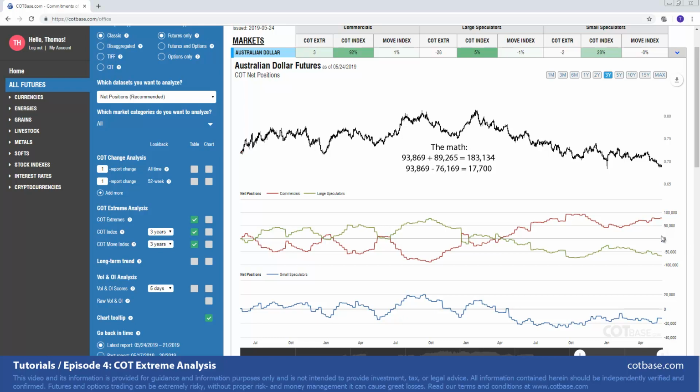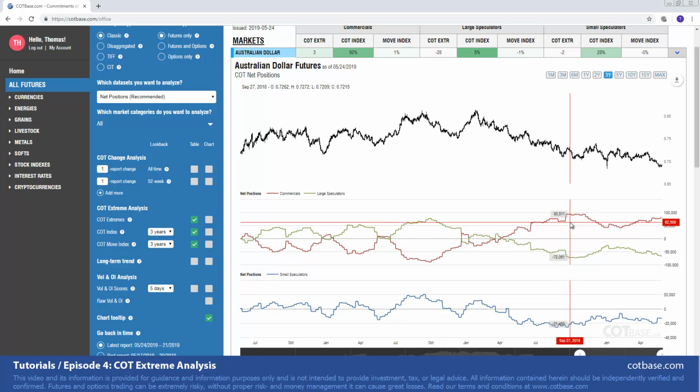Now, what we are interested in is this percentage, and by subtracting 17,700 from the total range, we get a value of 165,434, which then can be divided by the total range to get that value of 92%. This might sound a little bit complicated, but believe me, it's really simple.